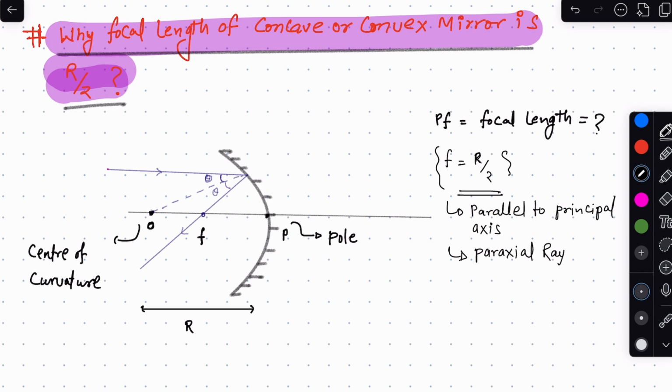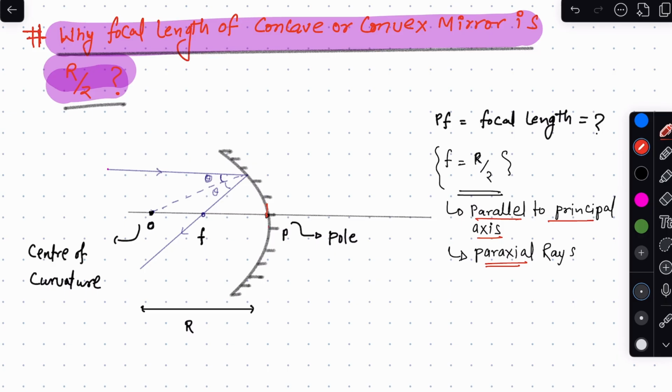The first one means that a parallel beam should be there. Paraxial means the rays should be very near to the pole so that we can apply the approximations.